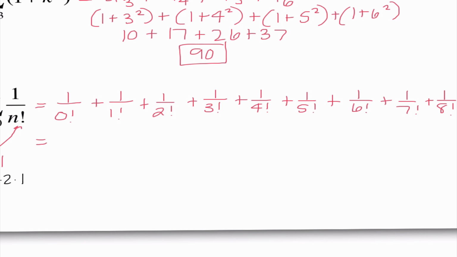So going through this, something that we will learn is that 0 factorial is equal to 1.